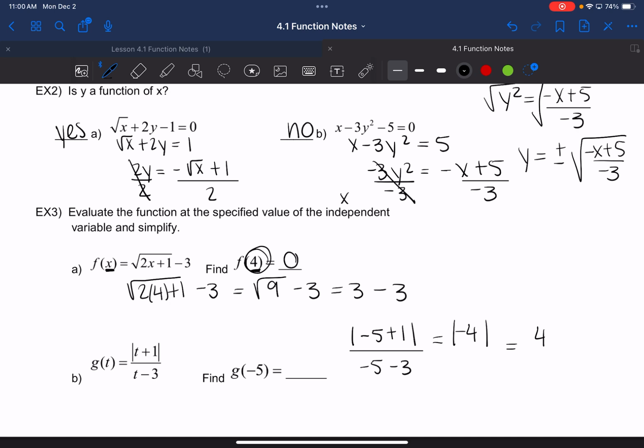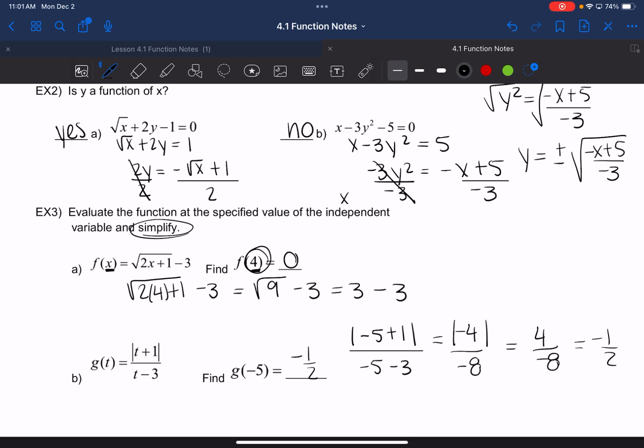So in the denominator, I have negative 5 minus 3, which would be negative 8. Now this part is not inside of an absolute value, so it truly just is negative 8. So we end up with 4 over negative 8. It did say to make sure we simplify. Can I simplify that answer any? Negative 1/2. Okay.